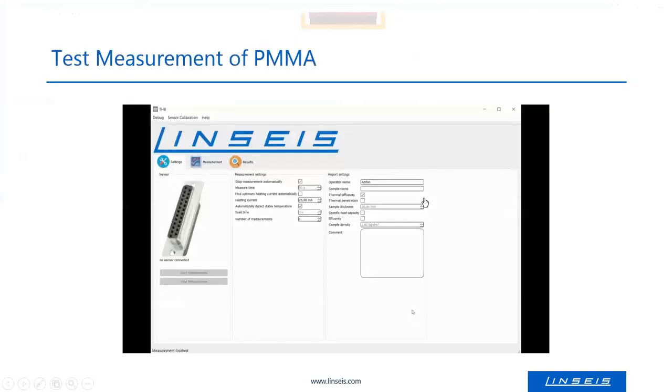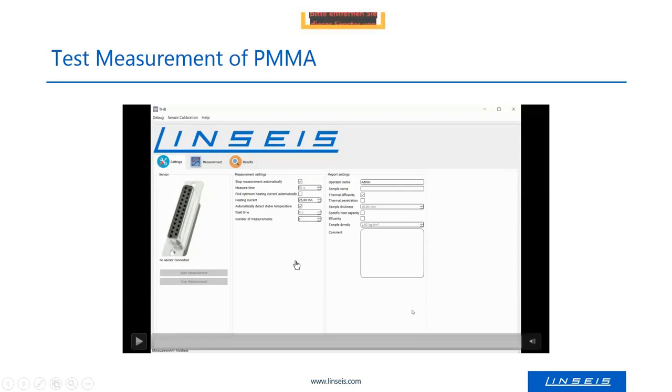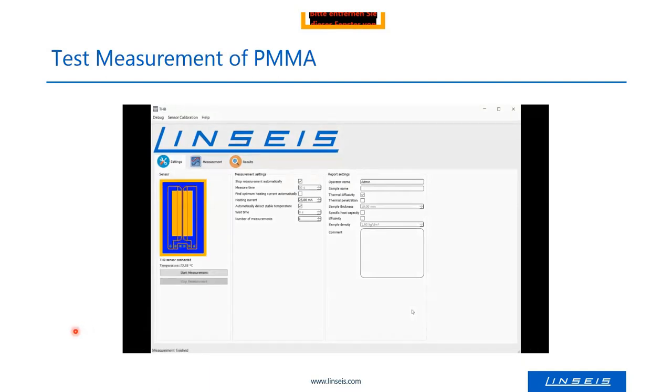I will show you now a real measurement, which we did with the THB Advanced in our lab. So I start the measurement and you will see the sensor is found now by the instrument. Here, the sample name, it's a plastic material, is typed in.